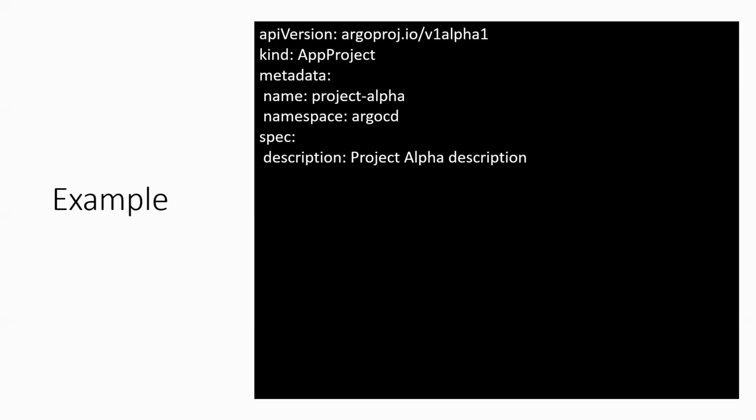And namespace: we cannot create everything outside the Argo CD namespace, and my Argo CD namespace is argocd. So I'm using it. In case you are using a different namespace in your environment, please replace it with the namespace where you have installed Argo CD. And the spec is just explaining the description, but it's nothing major.